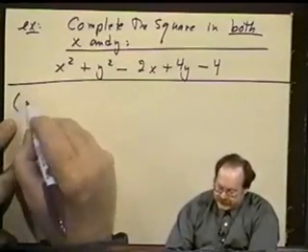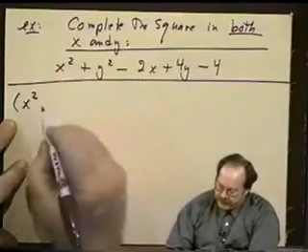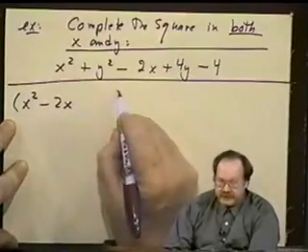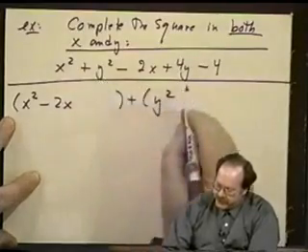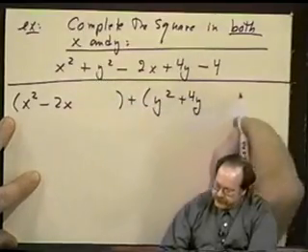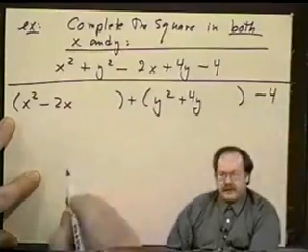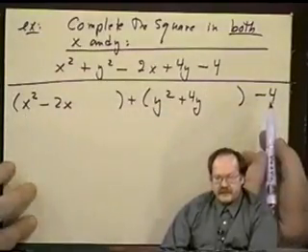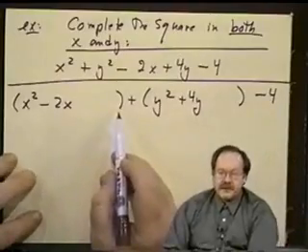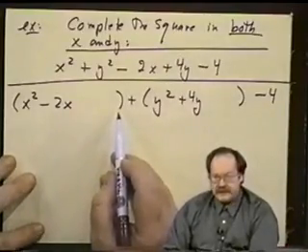So I'll isolate things, bring my x squared and my minus 2x together, leave a space and the parentheses, plus my y squared, which is here, plus 4y, leave a space, and then there's the minus 4 out at the end. So I put all my x's together, all my y's together, and my minus 4. And the parentheses this time are just for my peace of mind, to keep things together.